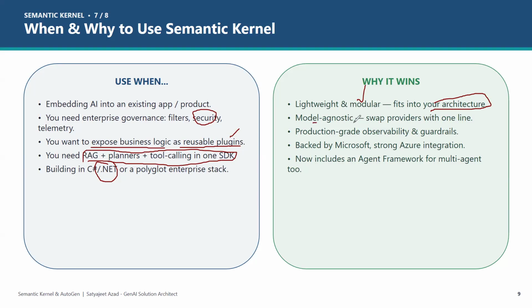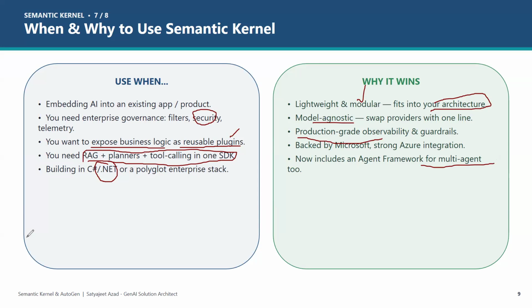It's model agnostic, so it is not restricted to specific models, but can have access to each and every LLM. And if you work on production grade and want to add the observability that I was just talking about, Semantic Kernel will serve your purpose. Also for agentic or multi-agent tools and orchestration, Semantic Kernel serves our purpose.